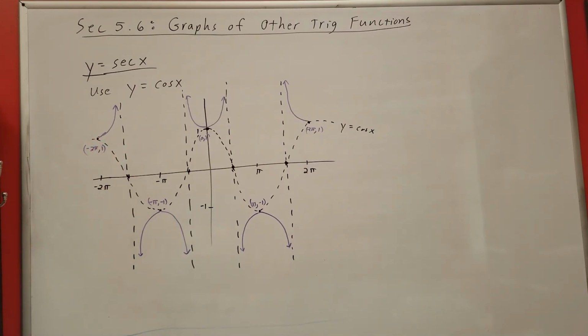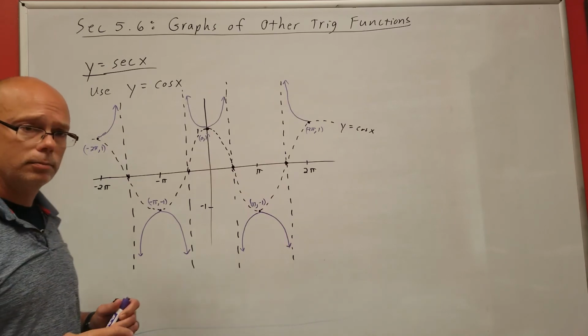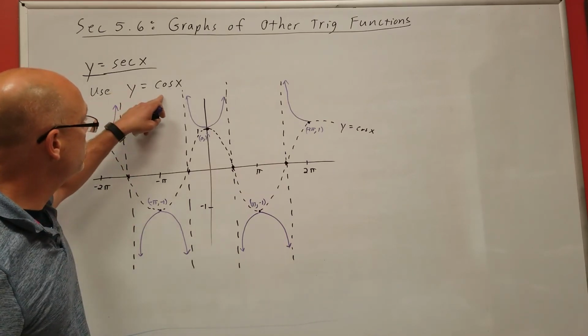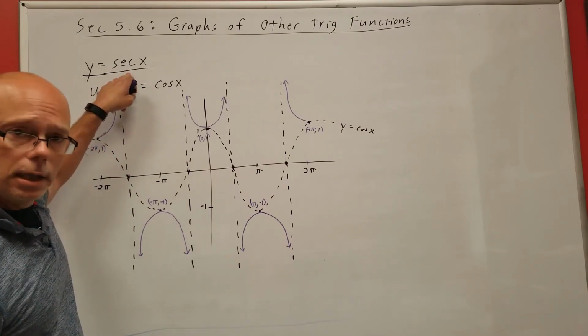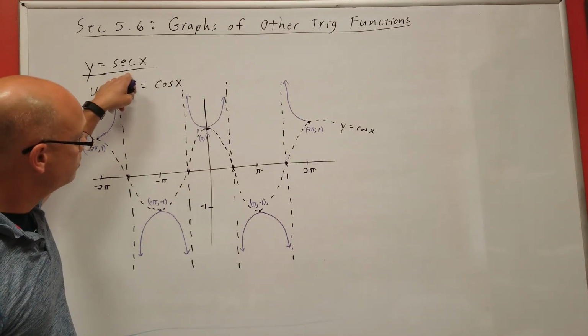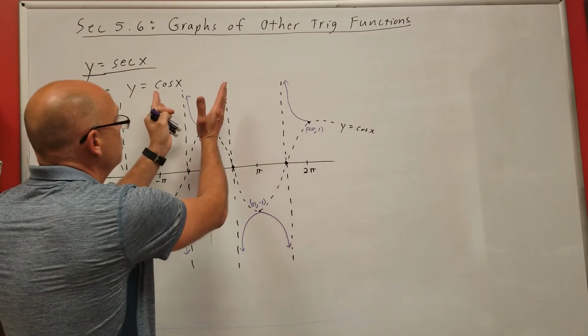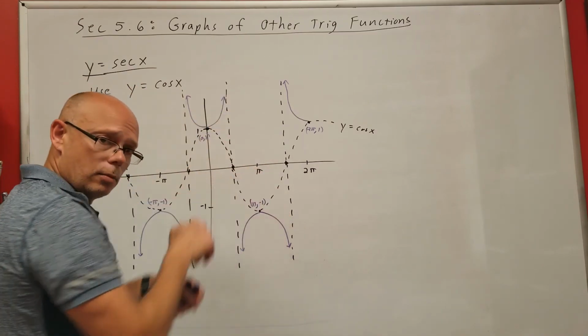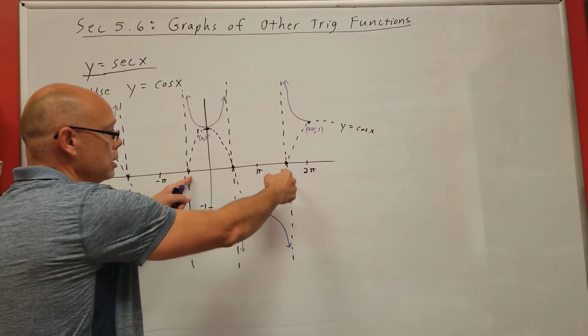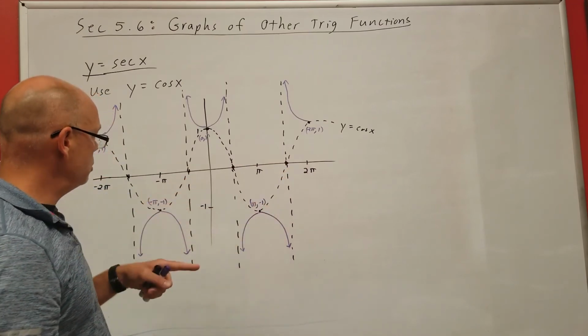Now, same thing with the cosine. It has a period of 2 pi, and the secant also has a period of 2 pi. And we have one complete period whenever we get a whole up and then a whole down portion of it. So from here to here. Well, what is that?